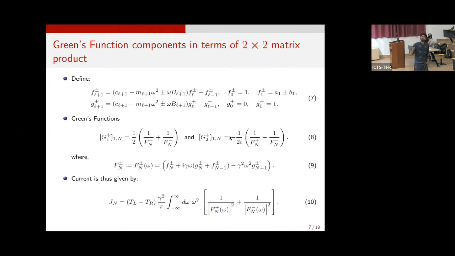Once you have generated this iteration, if you want the transmission for a system size of capital N, then you calculate this F_N plus minus of omega, which is a linear combination of f and g's. This capital F is then directly related to these two Green function components that we need for the transmission. And when you put it there and simplify a bit, you get this simple expression for the transmission. And it's very easy to make analytical progress using these expressions.